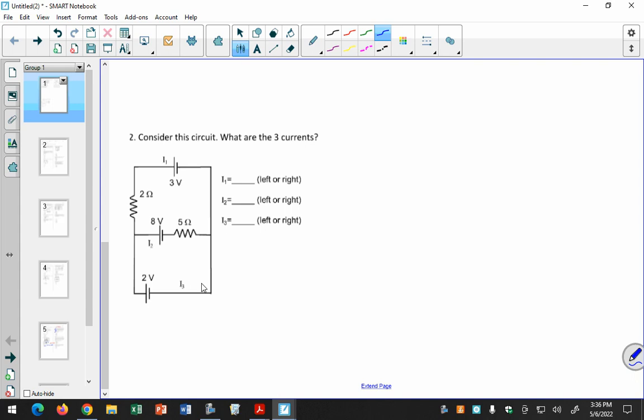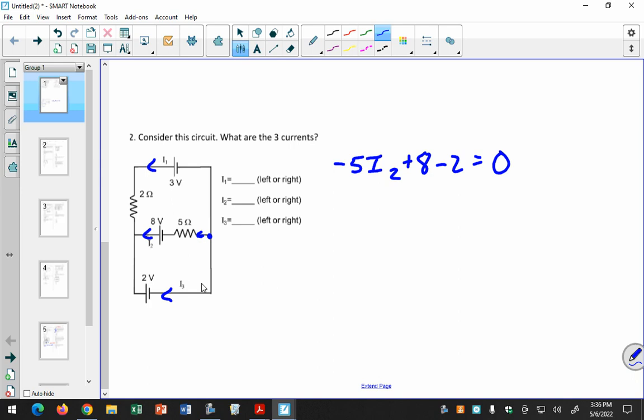My first step is just to label the directions of I1 and I2 and I3. Doesn't matter what I label, I just pick some direction. Don't stress over it. And then I pick a loop. So I'm going to start here and go in this direction. So I get minus 5 I2, because I'm going with the current, I have a negative change in potential, plus 8, because I'm going from the low side to the high side, I'm increasing the potential of those electrons. And then I have minus 2.